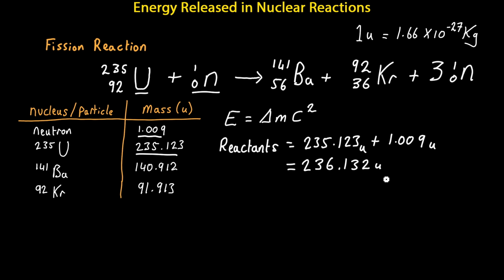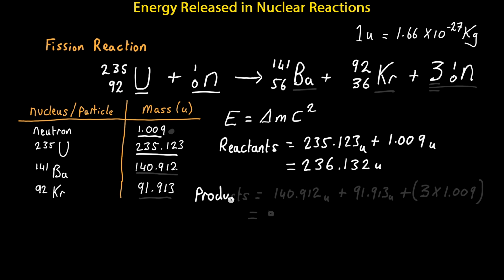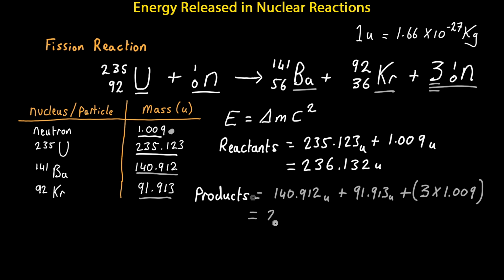Now the total mass of the products, the barium, the krypton, and the three neutrons, all sum to 235.852 atomic mass units.